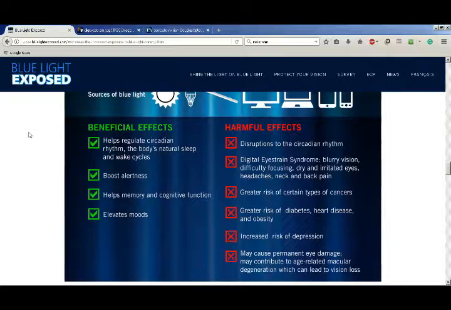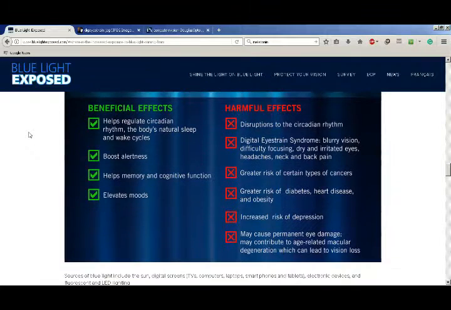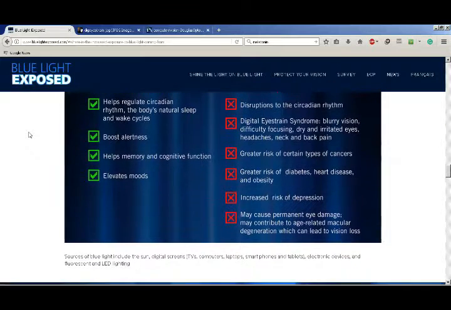So over time it'll cause an effect of insomnia or difficulty sleeping at night. It says digital eye strain syndrome: blurry vision, difficulty focusing, dry and irritated eyes, headaches, neck and back pain.